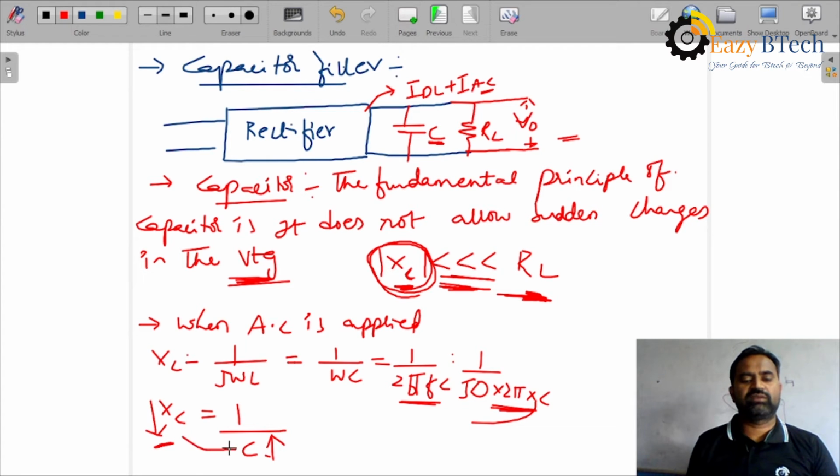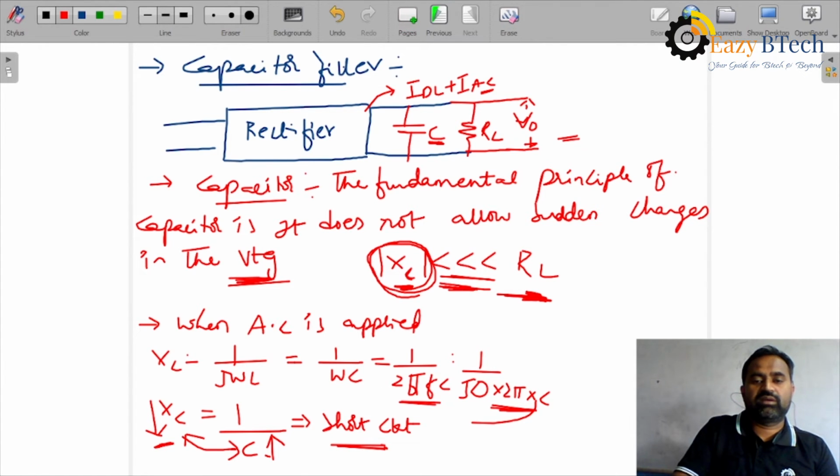Both are inversely proportional. That is, for high frequency, the capacitor can act as a short circuit. That is why the capacitor allows AC.